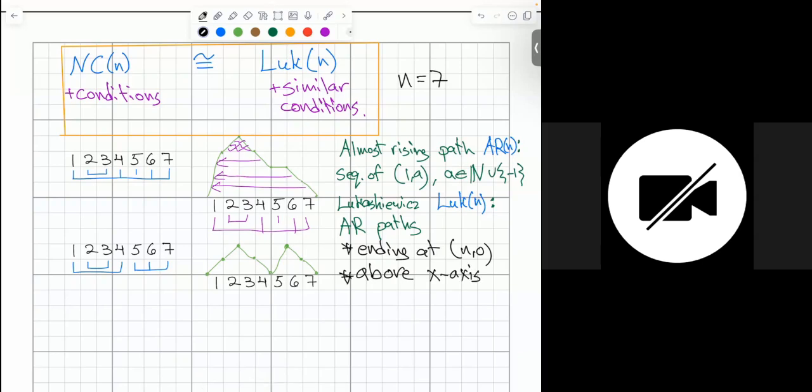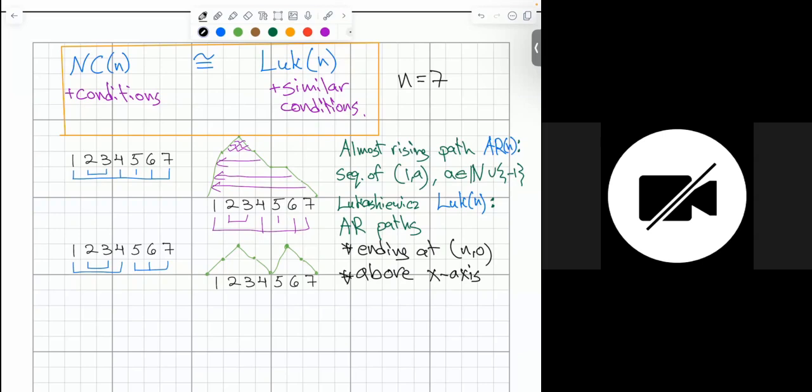And again, as before, it is enough for us to count the number of Lukasiewicz paths in order to understand the number of non-crossing partitions, but recall that we had the additional condition that the number of parts is k. And observe that this is something that is preserved under this bijection.